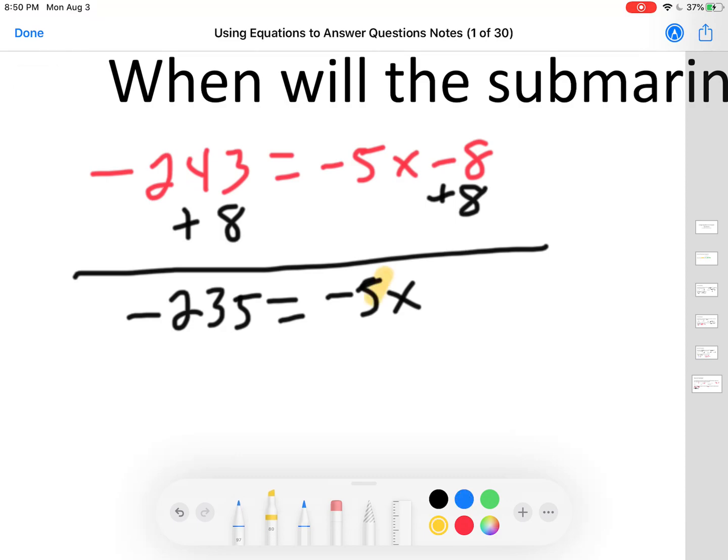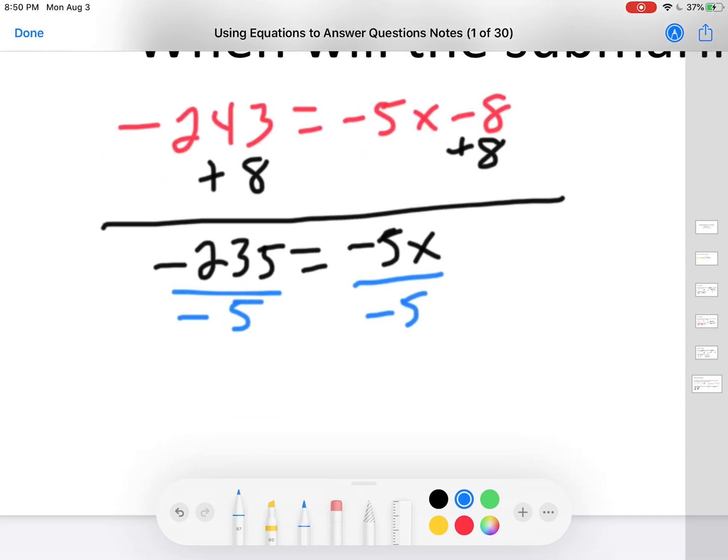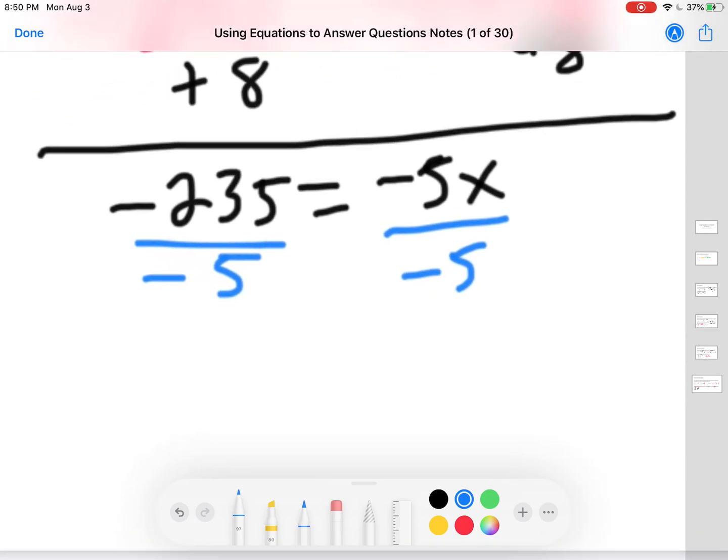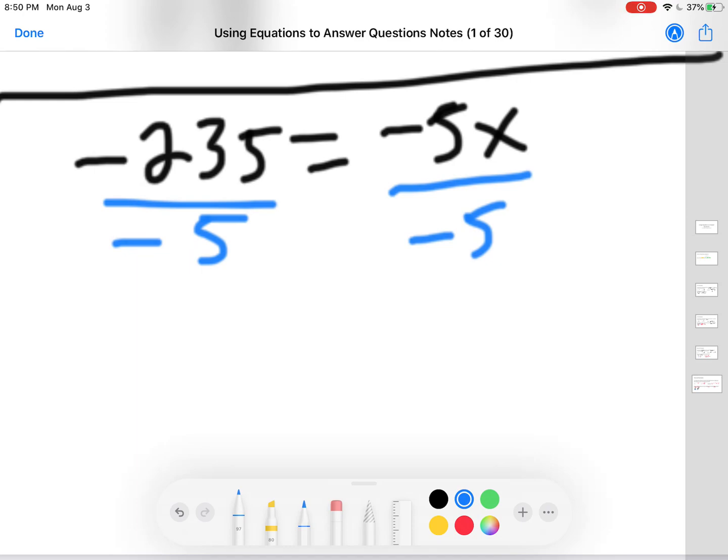That means we still have the -5 to get rid of. -5 is multiplying x. To get rid of multiplication, you divide. So we'll divide this by -5. If we divide the right side by -5, then we have to divide the left side by -5 also. Okay. Negative divided by negative is positive, notice.